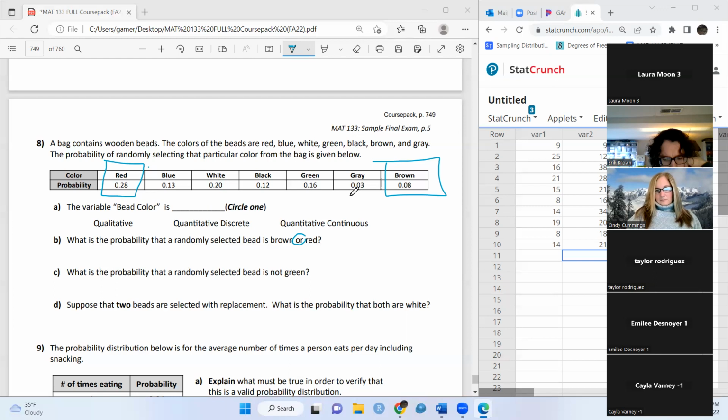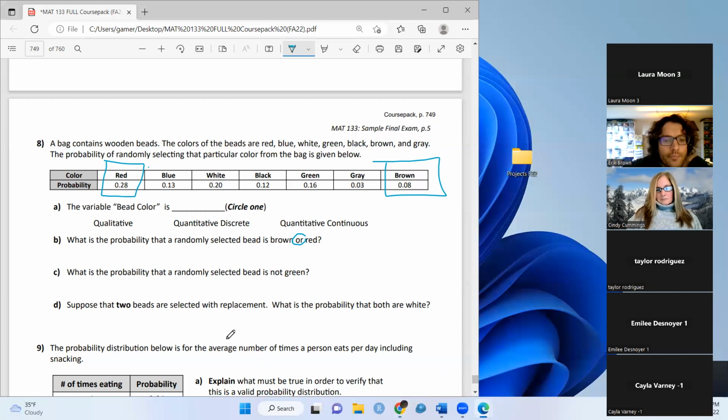Okay, so another question on number 8, D: suppose the two beads. What is the probability that they're both white? So looking back at my notes, is it 1 subtracted by... and then I don't know what to put for the fraction. Do you know what this tells you?